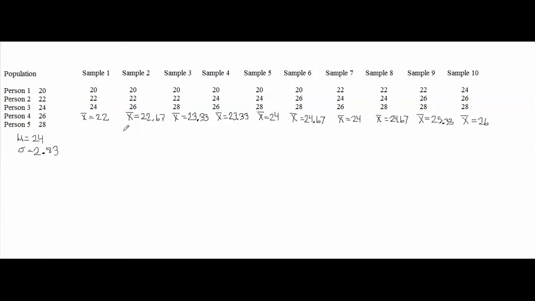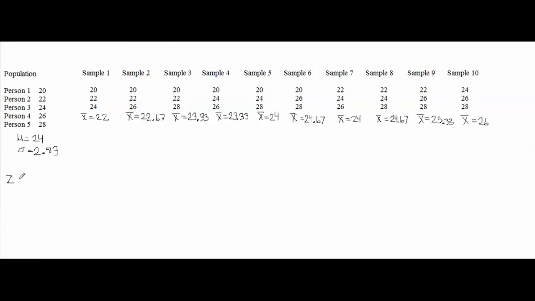The first concept that I want to go over is the z-score. Each of these possible samples will have its own z-score. And what the z-score does is it shows how far each sample mean is from the population mean of 24. And I think you'll see that once I show you how to use the formula.